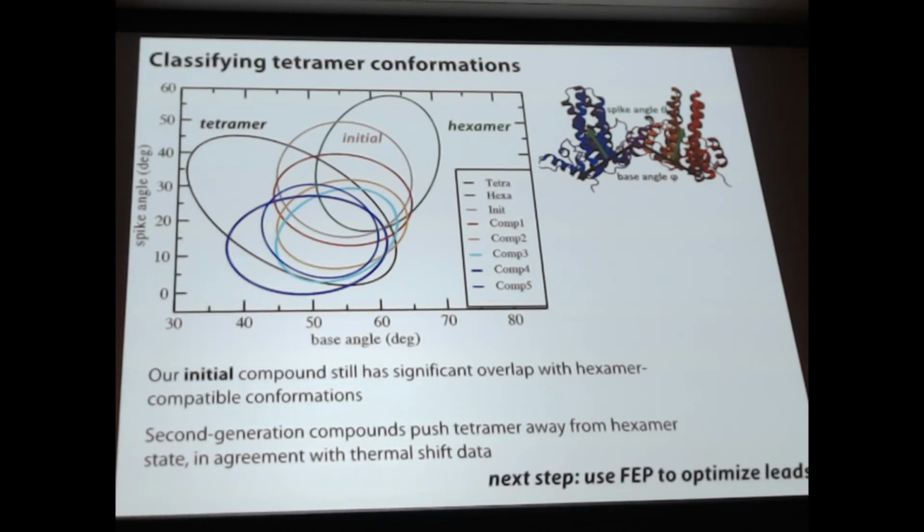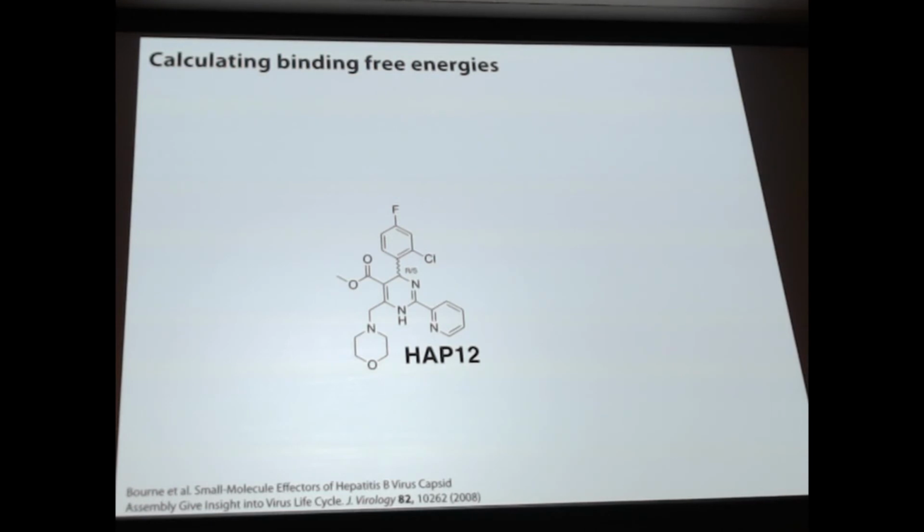Okay. So of course, I didn't want to completely avoid FEP in this talk at this meeting. So we are starting to use FEP, which we'll need to do to optimize our lead compounds. So we wanted to test the methods, apply them first to known existing compounds. So starting from HAP12, one of the misdirectors, we did a modification to HAP4.